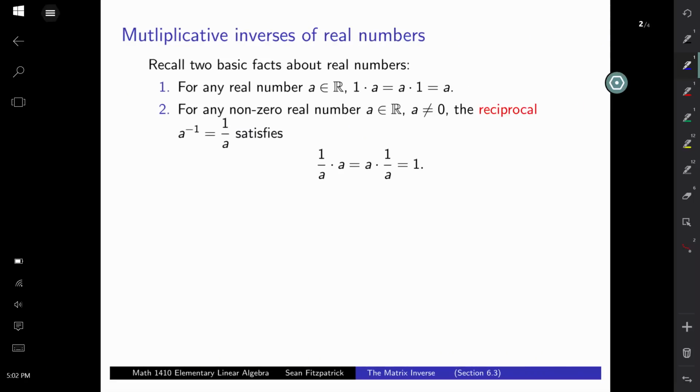By inverse here, we mean inverse with respect to multiplication, right? So we know two things about real numbers.